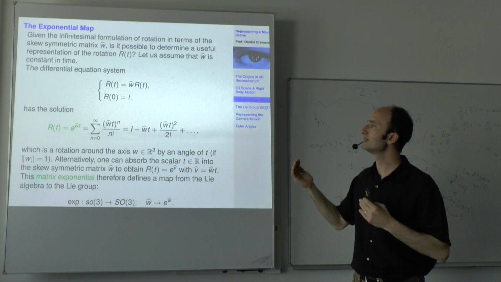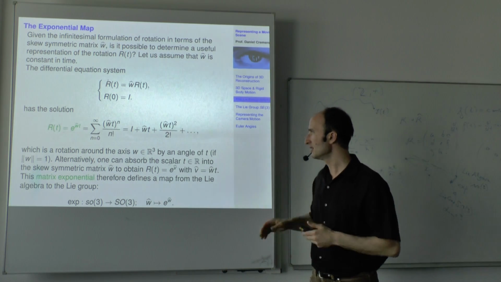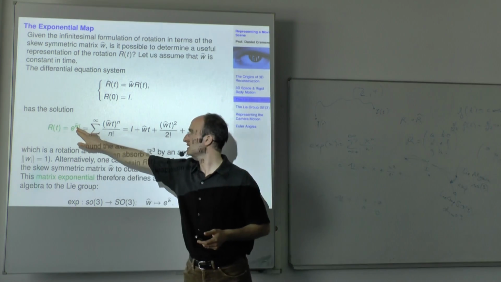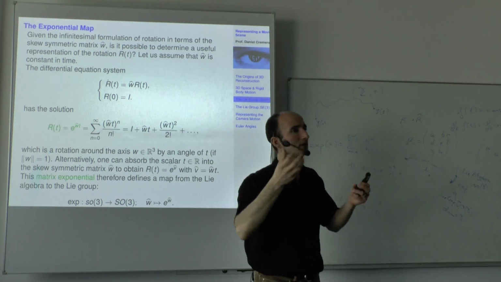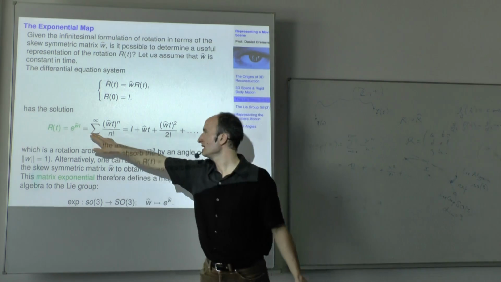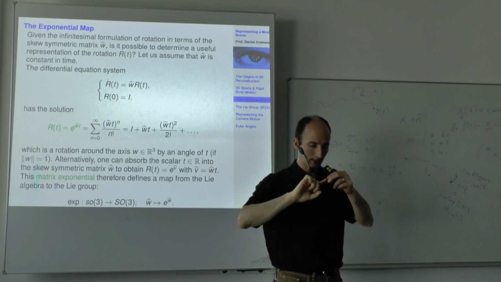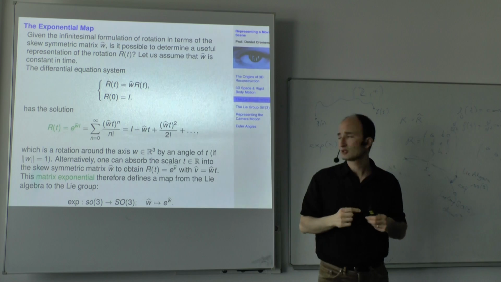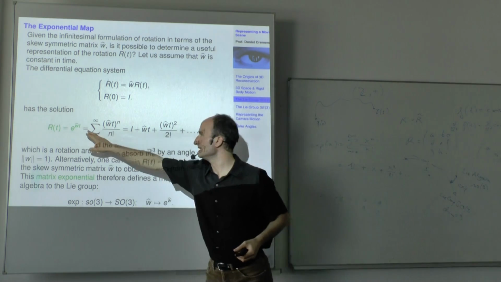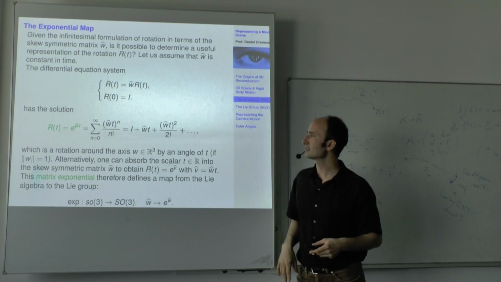There are, of course, different ways to represent things here. For example, we had the scalar t, that is the angle of rotation, and w here is then the axis of rotation. But of course, you can absorb t into the skew-symmetric matrix.